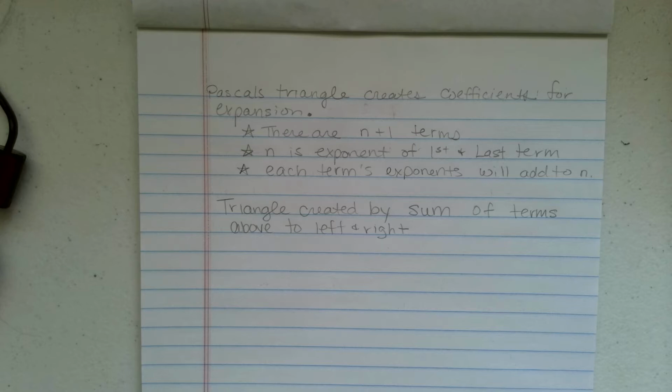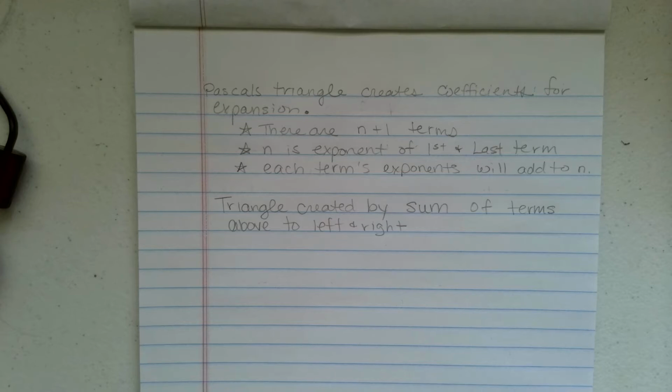So, on 10.6, we're going to discuss the binomial theorem, and there's two processes. One that's kind of a basic building block kind of method, and then we're going to talk about the binomial theorem, which looks really complicated, but after you work through it once or twice, you'll understand how it works.